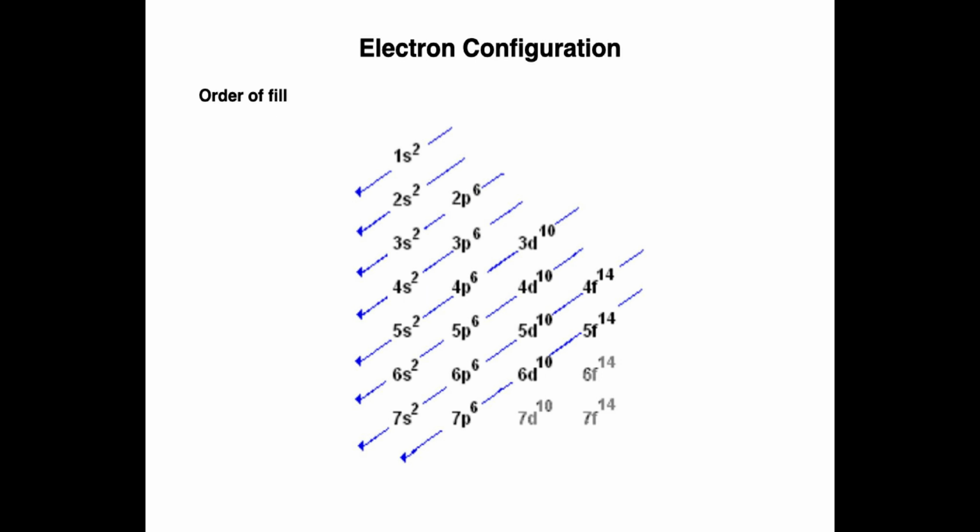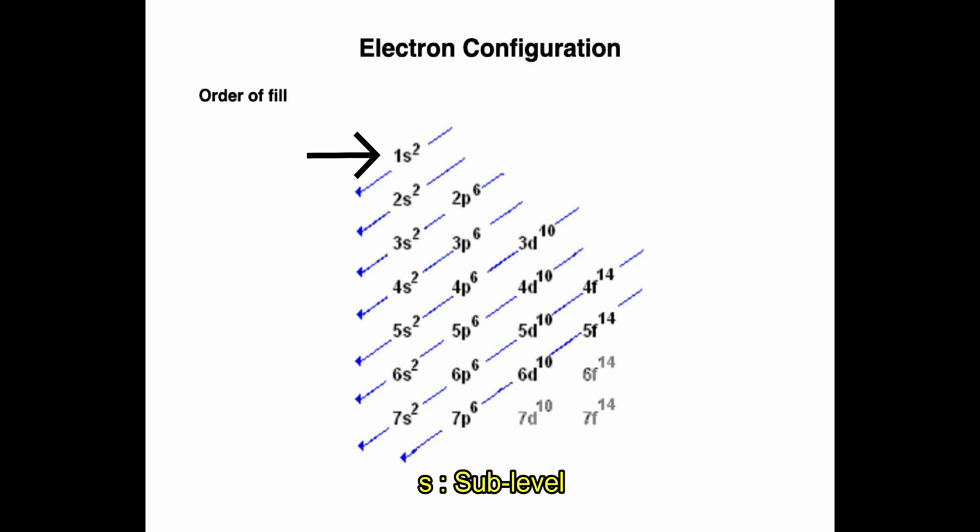The Aufbau principle states that electrons fill the lowest energy orbitals first. This image shows the order of fill of electrons into the orbitals, as it orders the orbitals from lowest to highest energy. Now let's look at the order of fill more closely. In the first line, you can see the notation 1s2. The number on the left-hand side, 1, shows the current energy level.